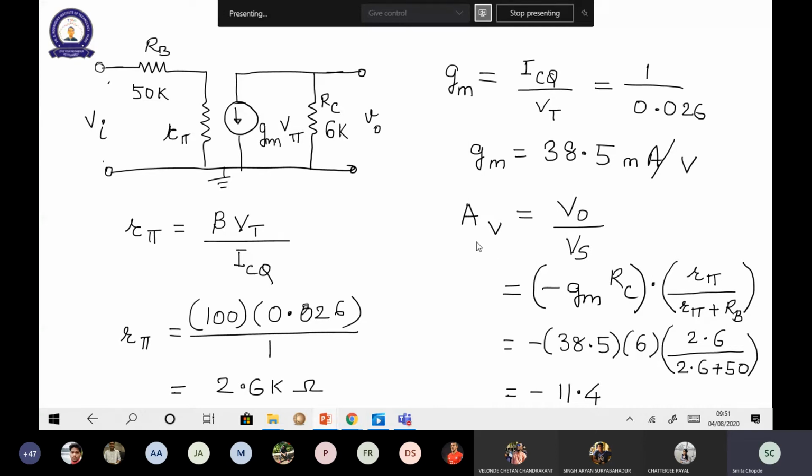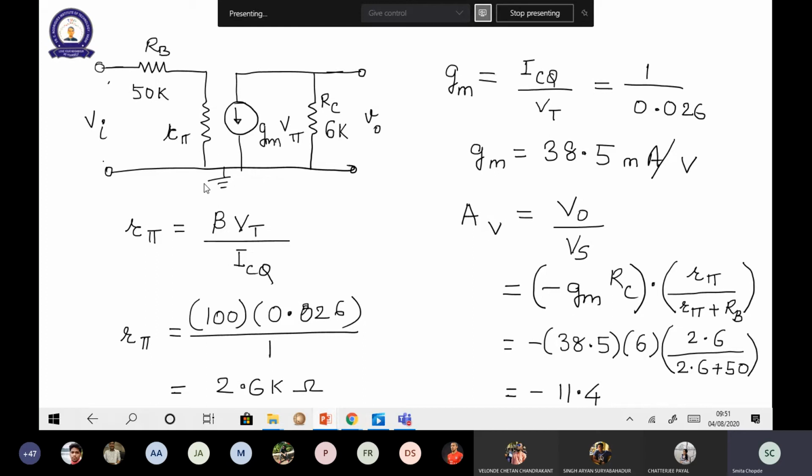This voltage gain is defining that there is a phase relationship between the output voltage and the input signal. Why? Because this negative sign is coming into the picture. We have been seeing frequently from module 2 to module 3 that this phase relation is coming because of the collector current.